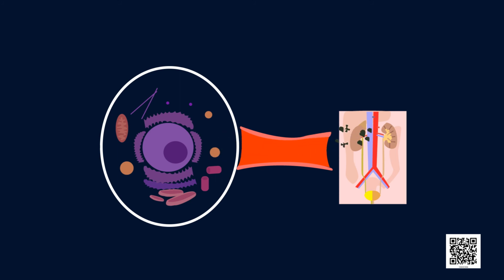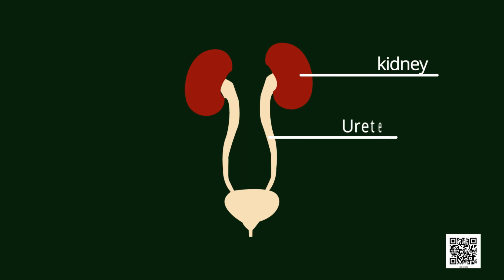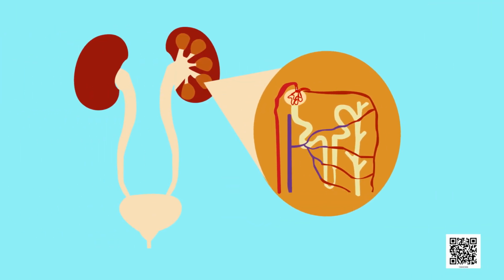Blood removes these nitrogenous wastes by taking them to the kidneys. The excretory system in human beings includes a pair of kidneys, a pair of ureters, a urinary bladder, and a urethra. Nephron is the functional unit of the kidney, which eliminates the waste from blood by the process of filtration.